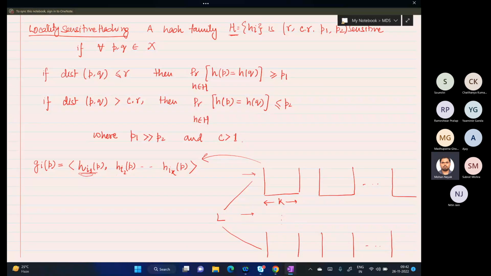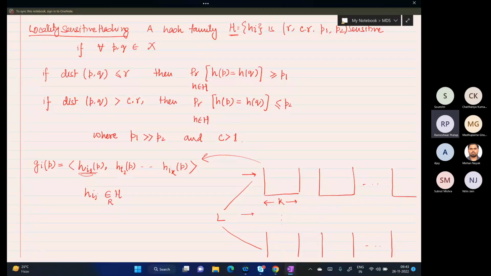So that h_i1 and all of these are again individual hash functions, right? Yes. These h_ij, for example, are randomly sampled from this hash family H. So basically, to generate the first layer of buckets, we sample k hash functions from H, suppose they are h_i1, h_i2, up to h_ik, and we just concatenate them together, and accordingly we define a function g.